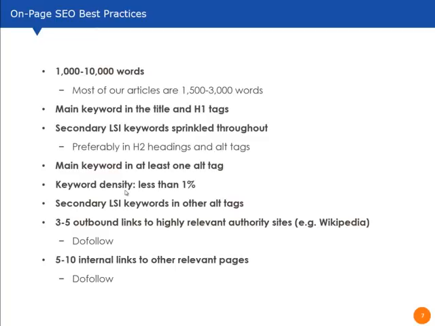And then 5 to 10 internal links, if possible, to other relevant pages on your own site. You want to make those do follow. So the purpose of that, again, is to kind of have this SEO juice, if you will, flowing from one page of your site to another and all throughout your site. This helps with on-page SEO big time.